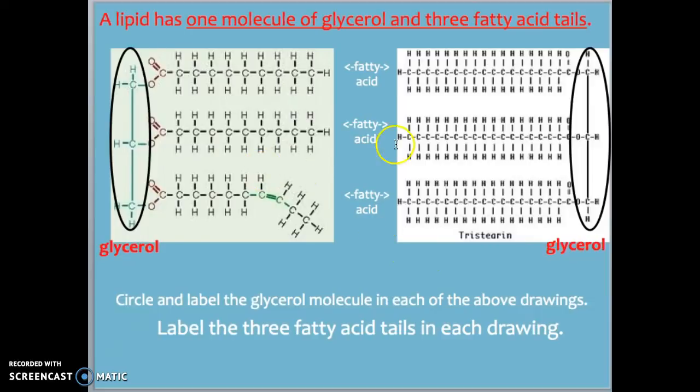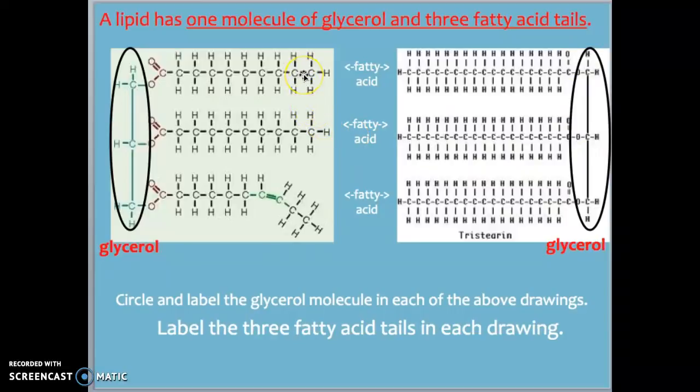So in these diagrams, you can see the different monomers joined together. And so the black oval is circling the glycerol molecule. So you have a glycerol molecule here, and you can see the backbone or the chain of glycerol here in this one as well.